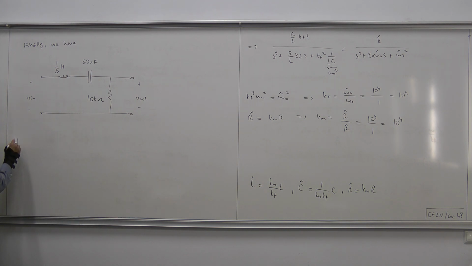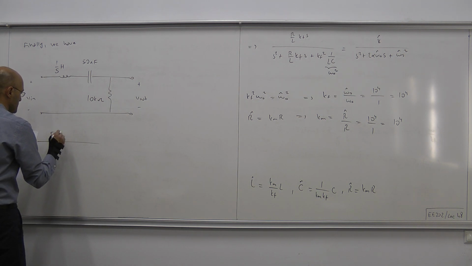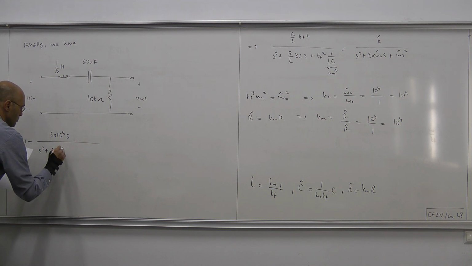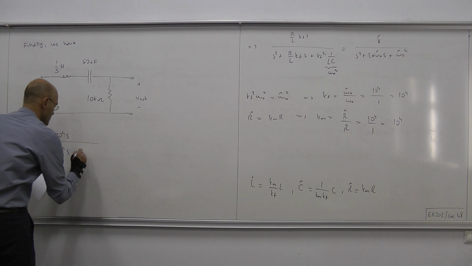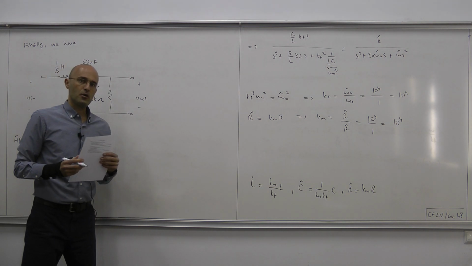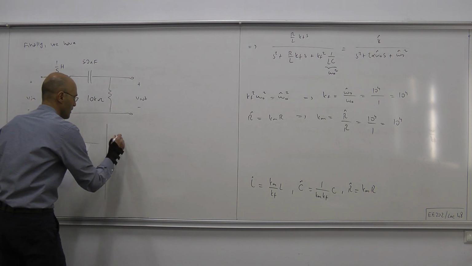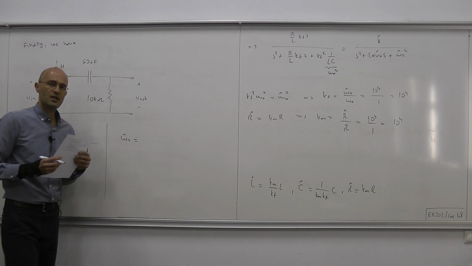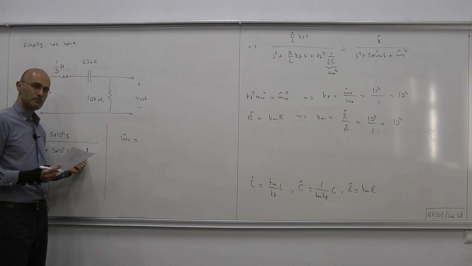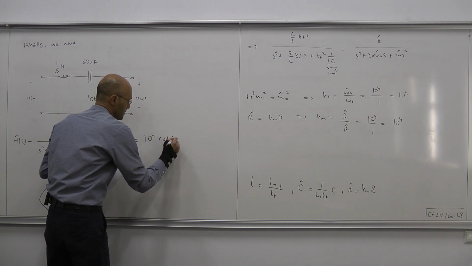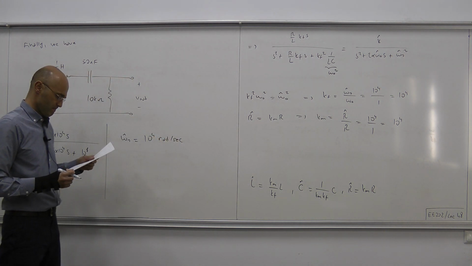So this new circuit produces the following transfer function: 5 times 10 to the 4 s over s squared plus 5 times 10 to the 4 s plus omega 0 hat squared. Okay, hence the new center frequency is this number square rooted, which is 10 to the 4 radians per second as desired.